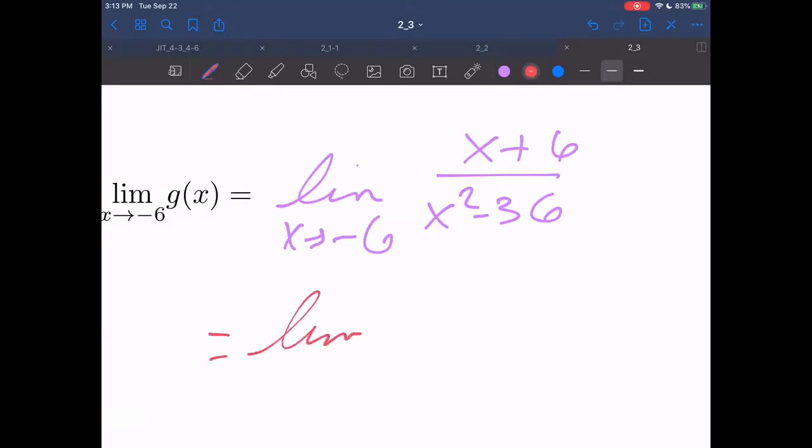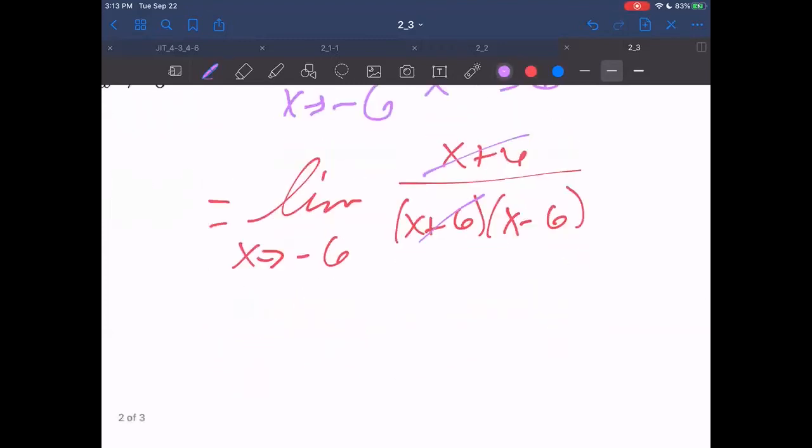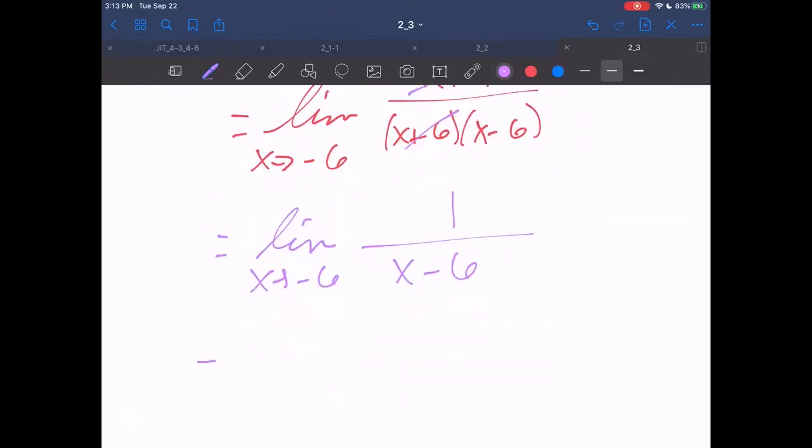So we get the limit as x approaches negative 6, x plus 6 over x plus 6, x minus 6. Okay, so we can cancel the x plus 6's, and we're left with the limit as x approaches negative 6 of 1 over x minus 6, which we can plug that in. So it's 1 over negative 6 minus 6, which is negative 1/12.